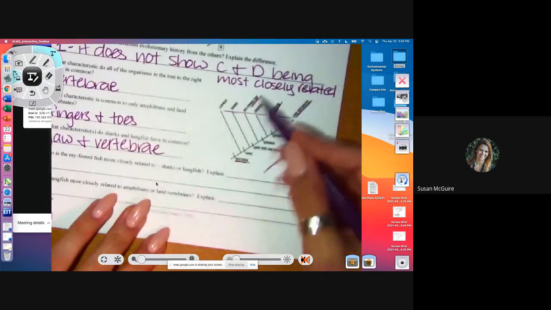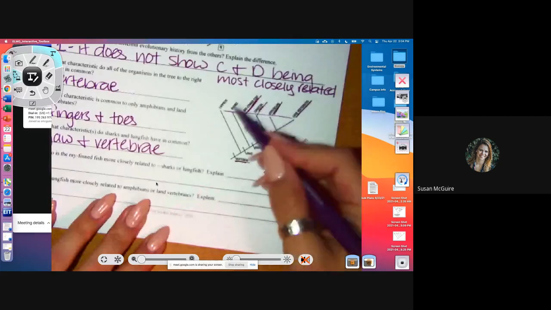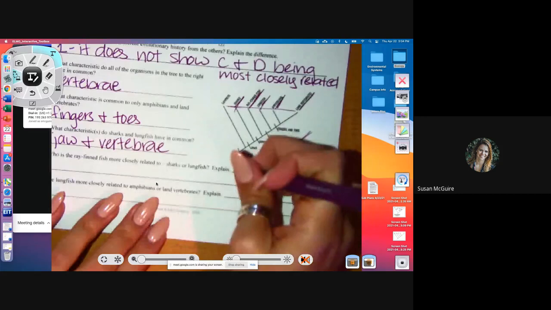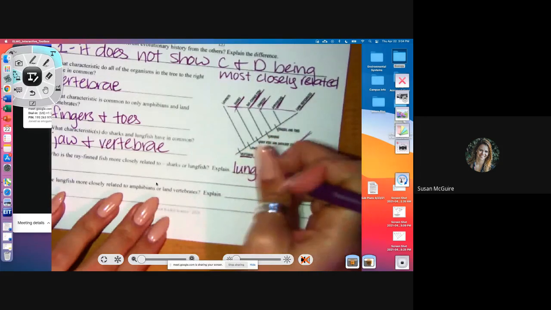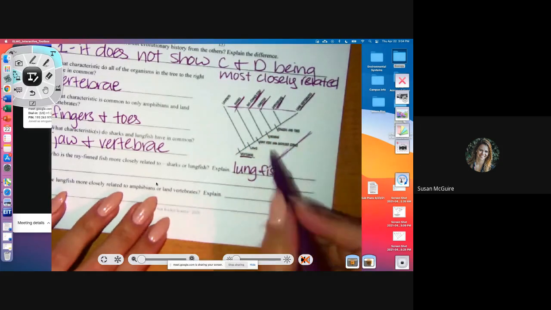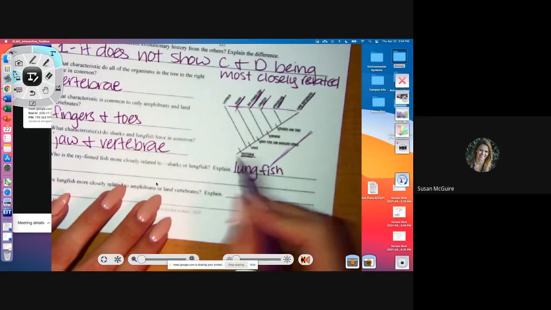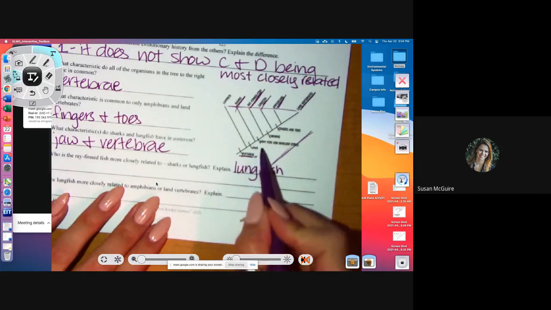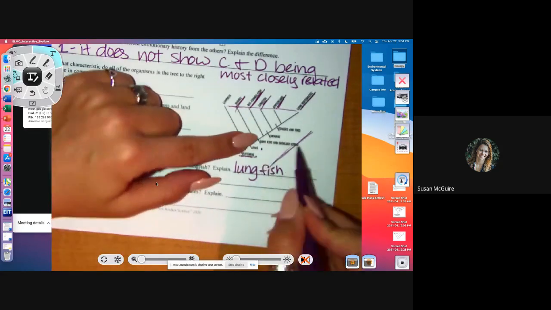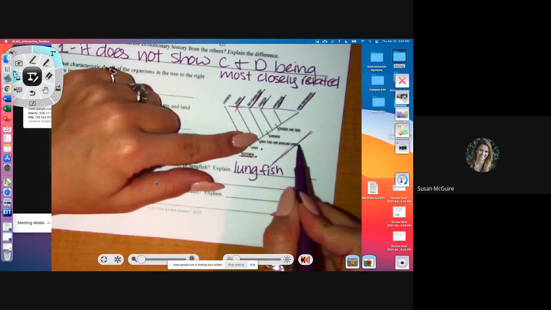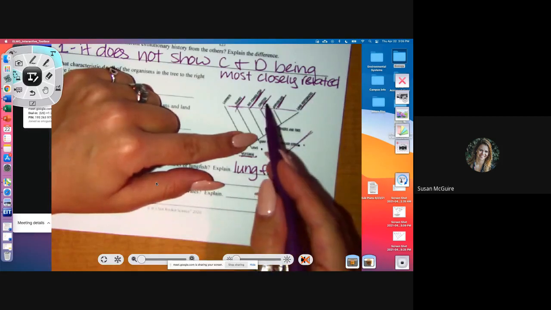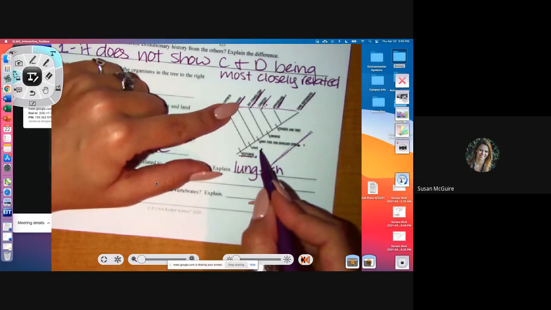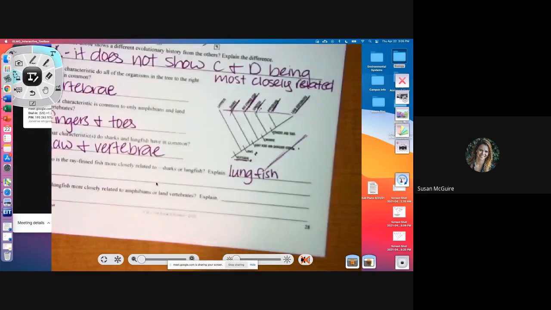Lungfish, because lungfish have vertebrae, jaws, and bony ribs and short girdles in common with ray fin fish. Sharks only have the vertebrae and jaws. Okay, that makes more sense.